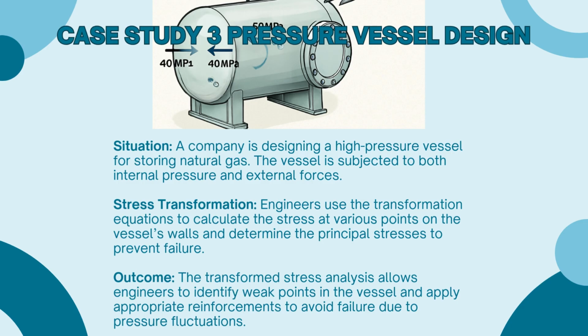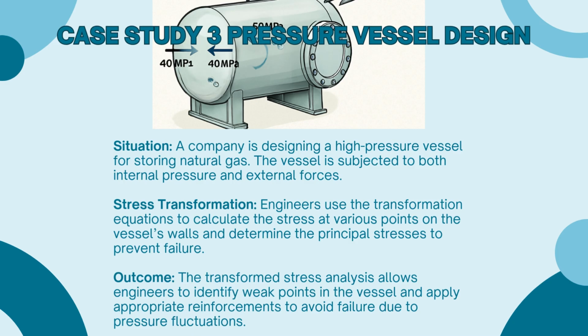Let's move on to case study 3, pressure vessel design. Situation: a company is designing a high-pressure vessel for storing natural gas. The vessel is subjected to both internal pressure and external forces, which can cause stress on the vessel walls. Stress transformation: engineers use stress transformation equations to calculate the stresses at various points on the vessel's walls.